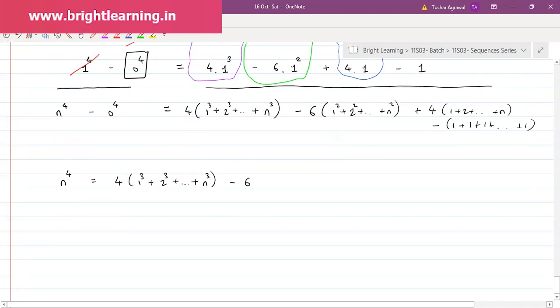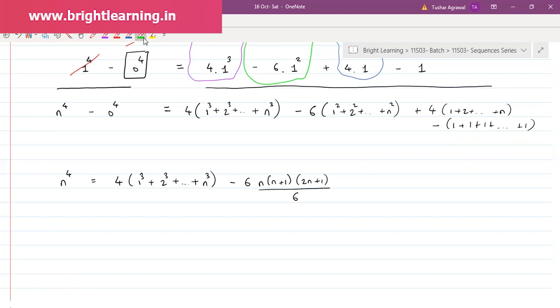Subtraction 6, summation of n square is what? This summation of n square is n into n plus 1 into 2n plus 1 divided by 6. This formula I'm writing, okay? This is the green one.